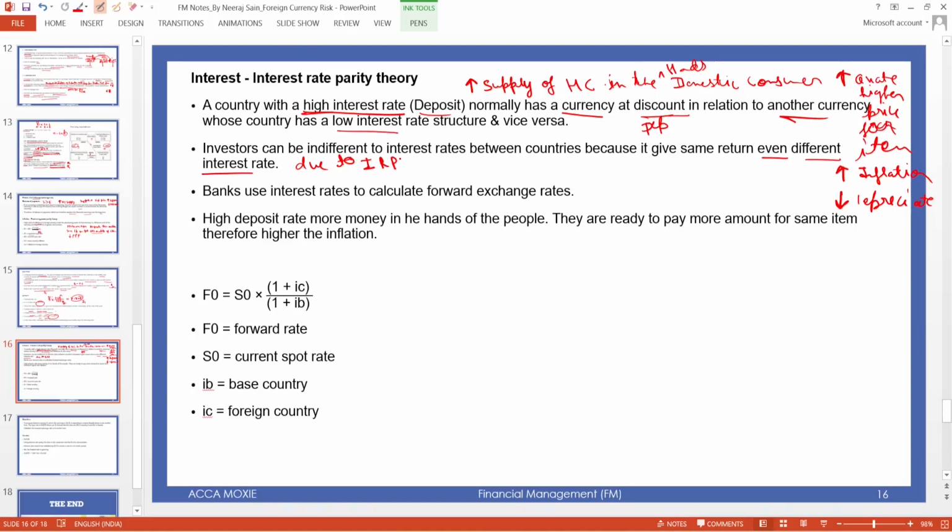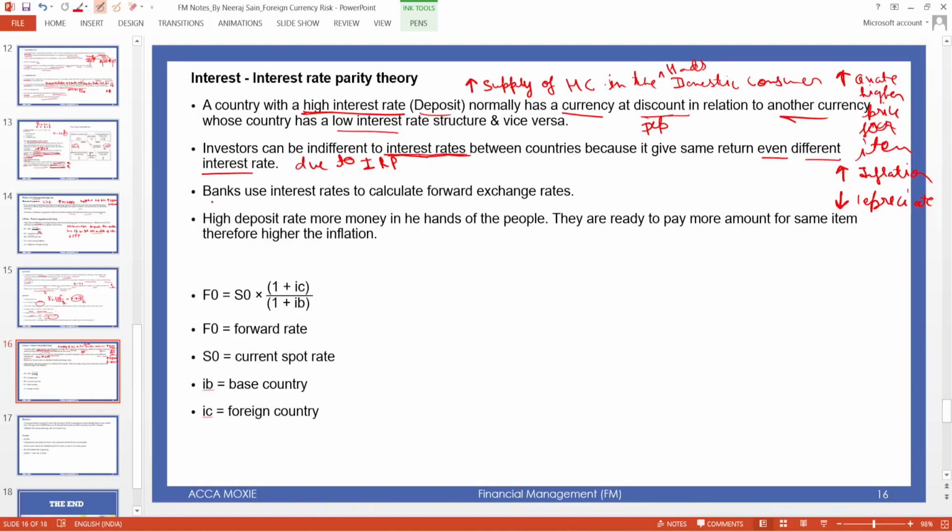So the actual return is almost equal. Only the difference is visible, but actually the difference will be eliminated in future.